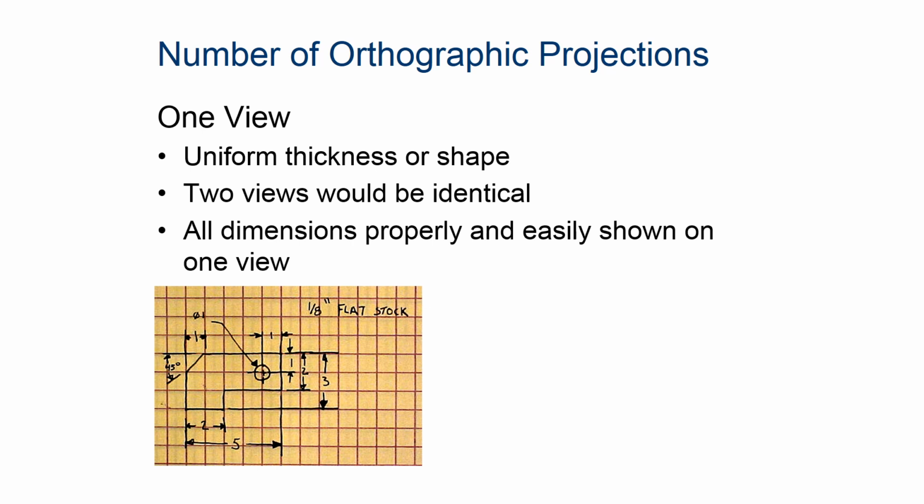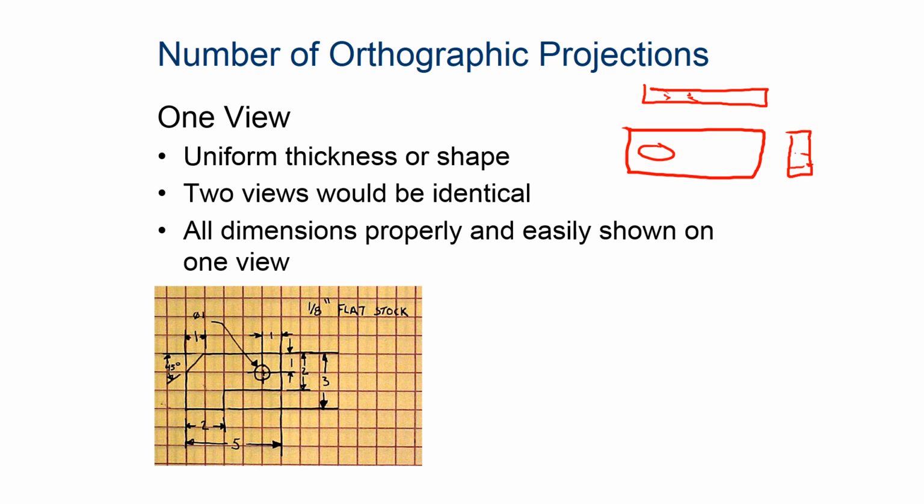For example, if we were drawing a flat plate and it has a hole in it, right? If we did a top view, it doesn't really show us very much. If we do a right side view, this view is starting to look identical. We have some hidden lines here. I don't have things lined up.